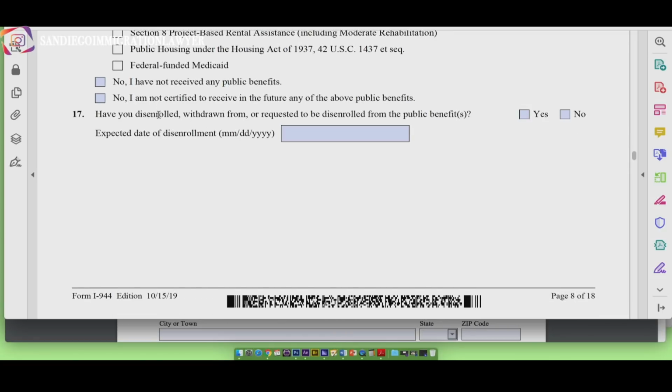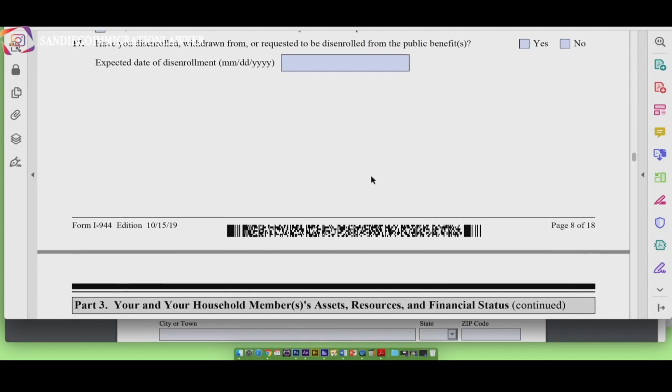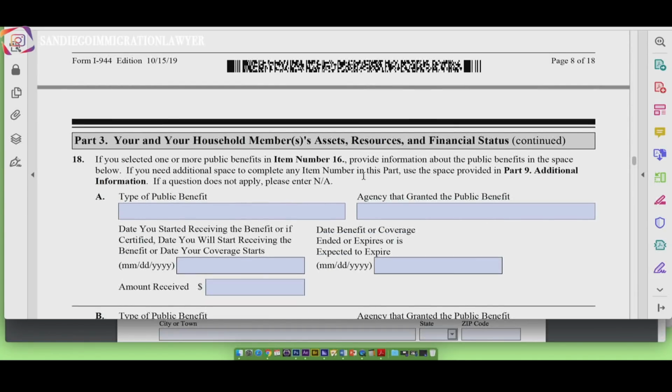You can check no, I have not received any public benefits, and no, I am not certified to receive any in the future. Have you disenrolled, withdrawn from, or requested to be disenrolled from public benefits? If you have, then you want to answer that question yes, and when you disenrolled, and hopefully it was before this took place, before February 24th.